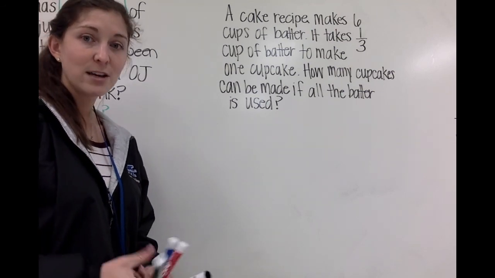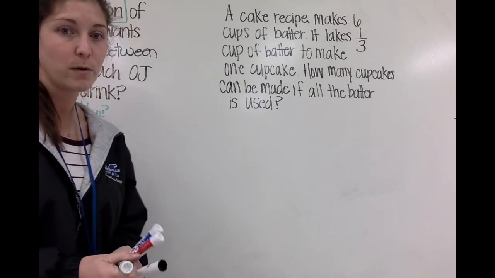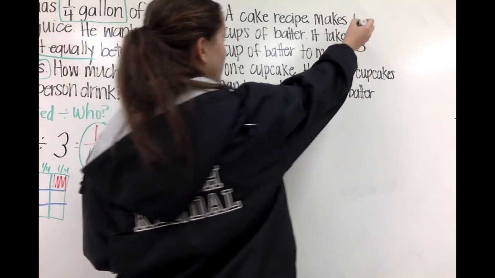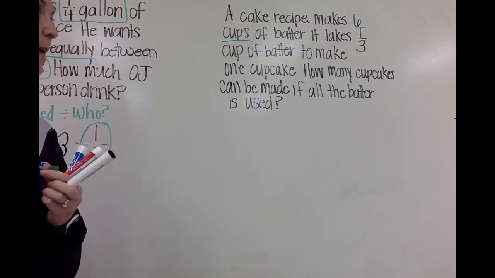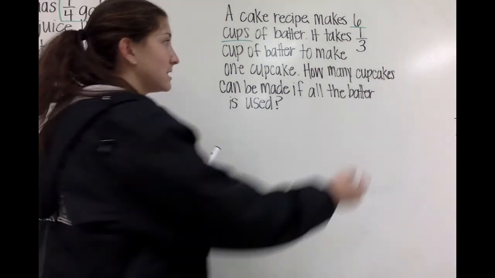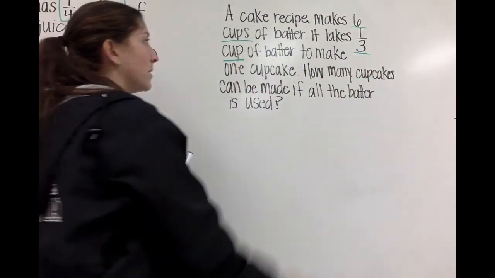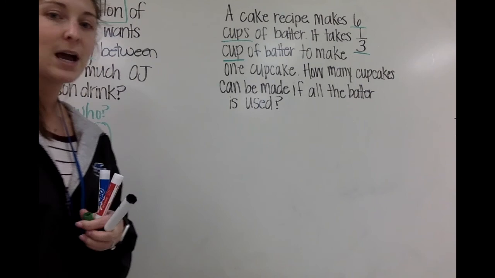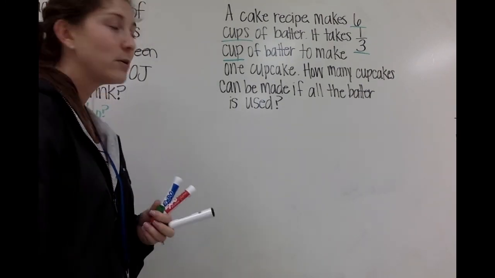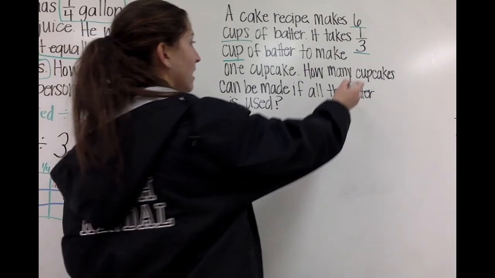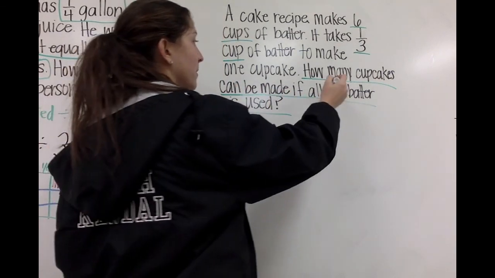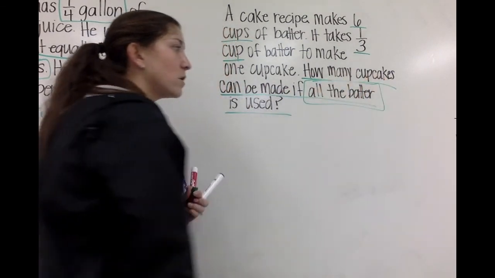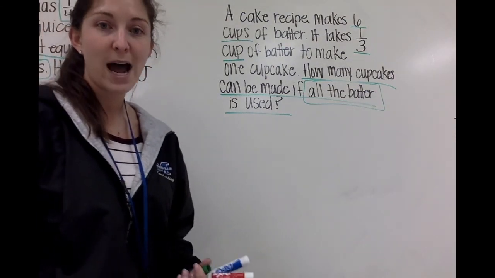Well, I have to again think about what I know from the problem. Well, I know that a cake recipe makes 6 cups of batter, and I know that it takes 1/3 cup to make 1 cupcake. I'm trying to figure out here how many cupcakes can be made if all the batter is used. So I want to use all of the batter.